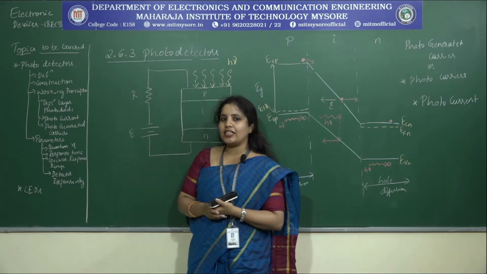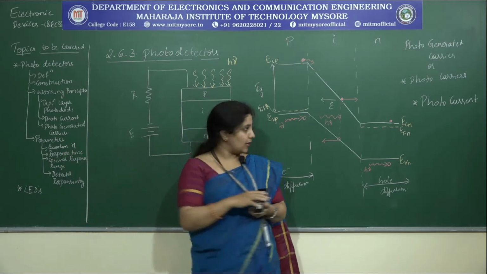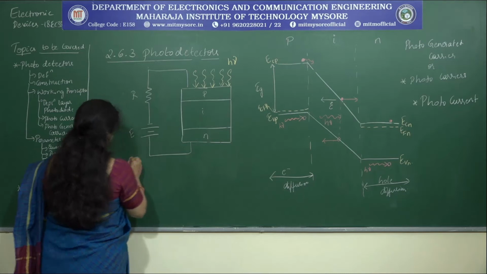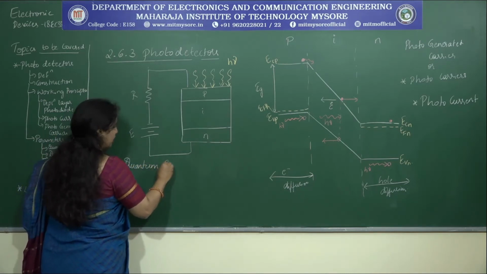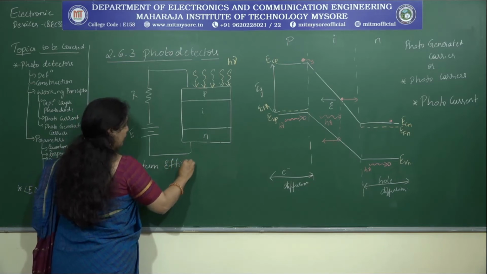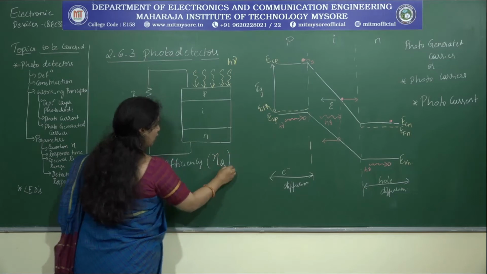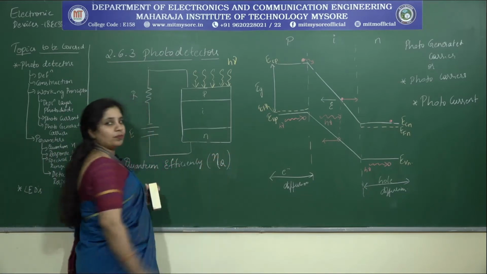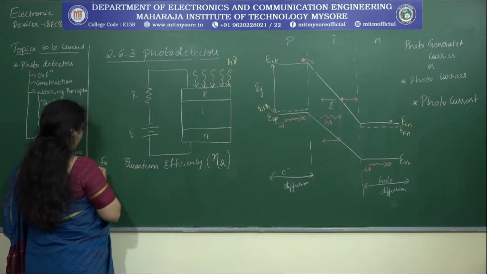Done? Now, let me consider the very first parameter, that is quantum efficiency. Let me just write it here. It is quantum efficiency, and the short form for this is eta Q. Yeah, this is parameter number 1.